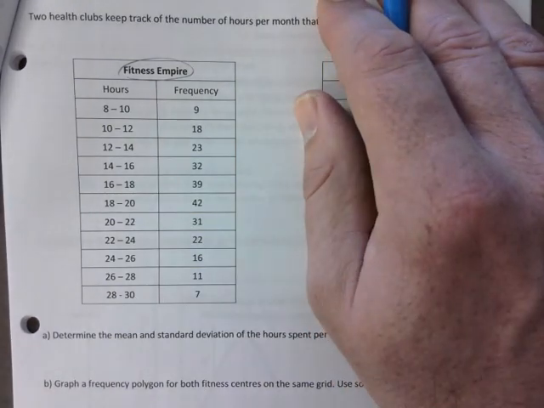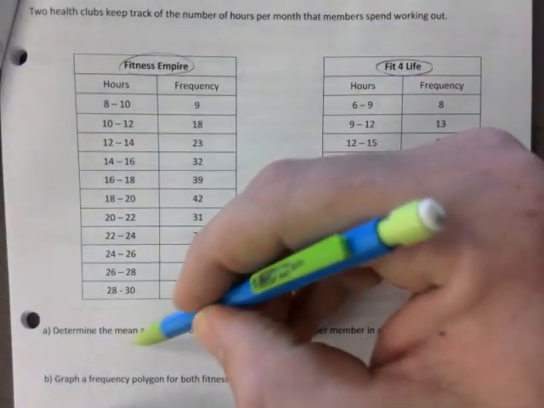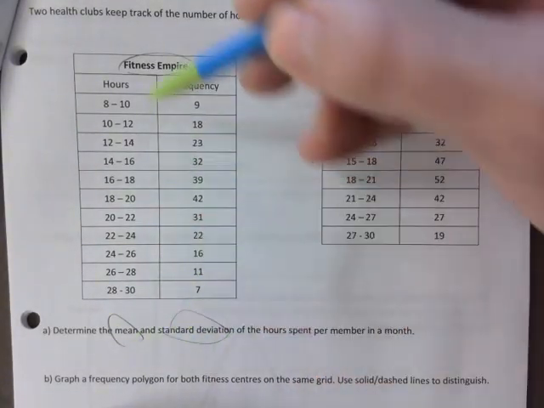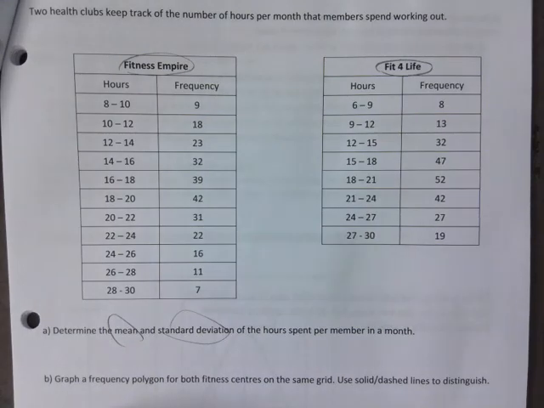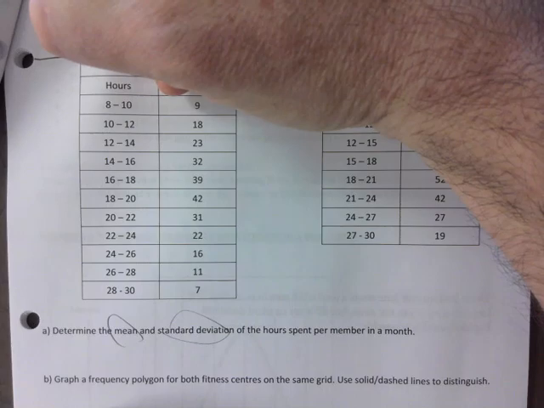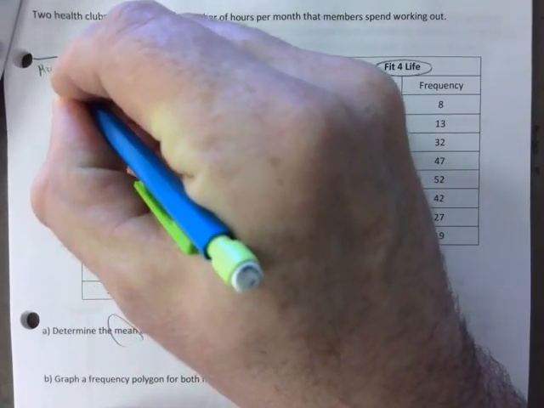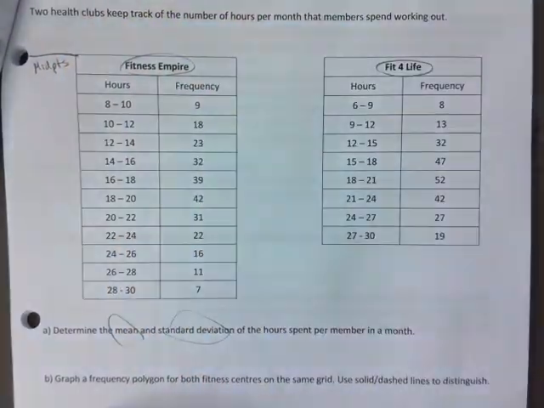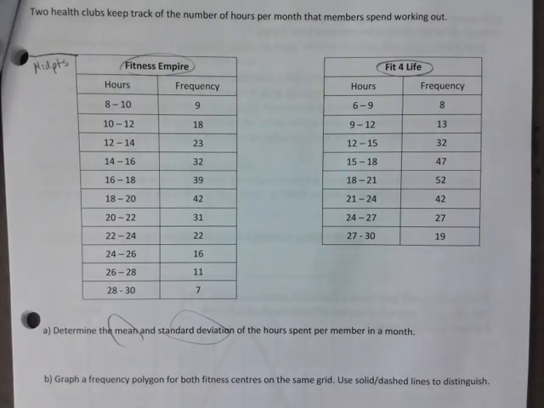So if I asked you to find the mean and the standard deviation of this, what would you do? What's the first step you need to do? Midpoints? Midpoints. So a lot of you are saying it, so that's good. That's why I'm looking around. So yes, the first thing is you want to find the midpoints. So right now I'm just going to ask you to copy that, right?